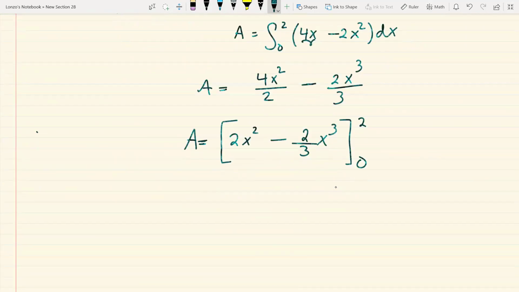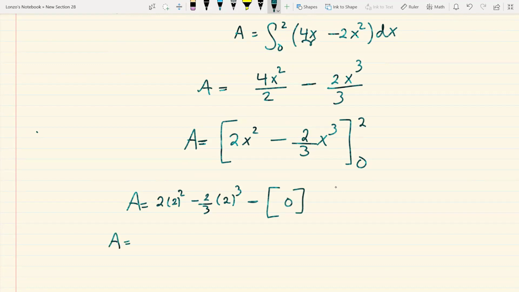Okay, so you do the upper minus the lower. So it's going to be 2 squared minus 2/3 times 2 cubed, minus the bracket, and the lower boundary is just 0. 2 squared is 4 times 2 is 8, minus 2 cubed is 8, right? 2 cubed is 8. 8 times 2 is 16 over 3.